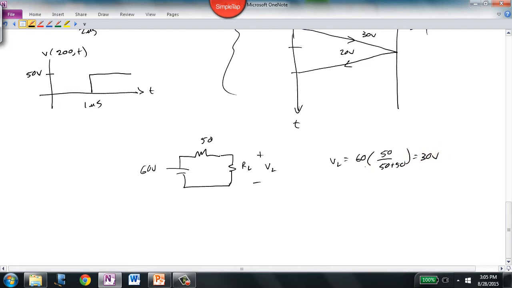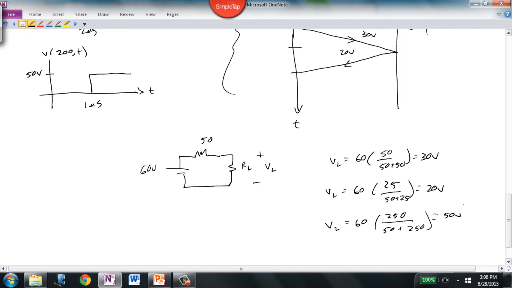In the case of the 25 ohm load, VL would have been equal to 60 times 25 over 50 plus 25, which is equal to 20 volts. And in the case of the 250 ohm load, VL is going to be equal to 60 volts times 250 over 50 plus 250, and that would give you 50 volts.